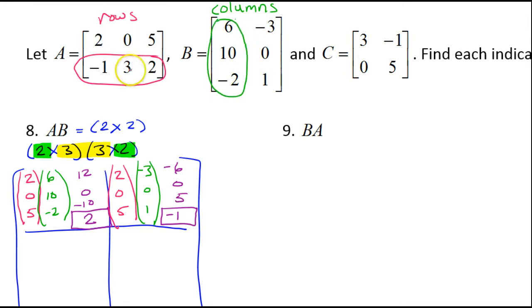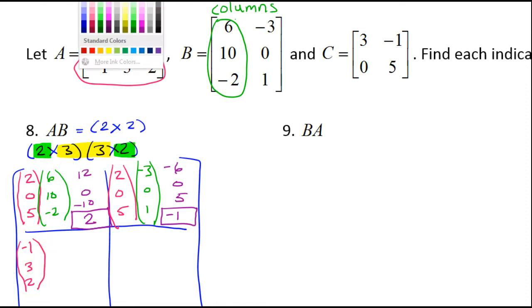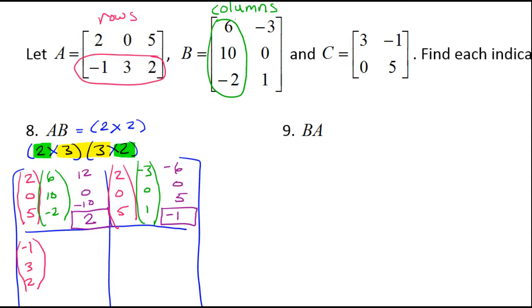So that's negative 1, 3, 2. And that's times 6, 10, negative 2.